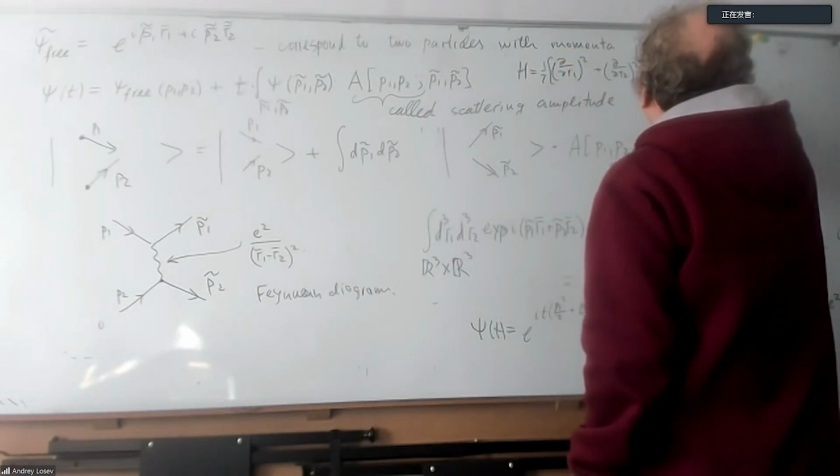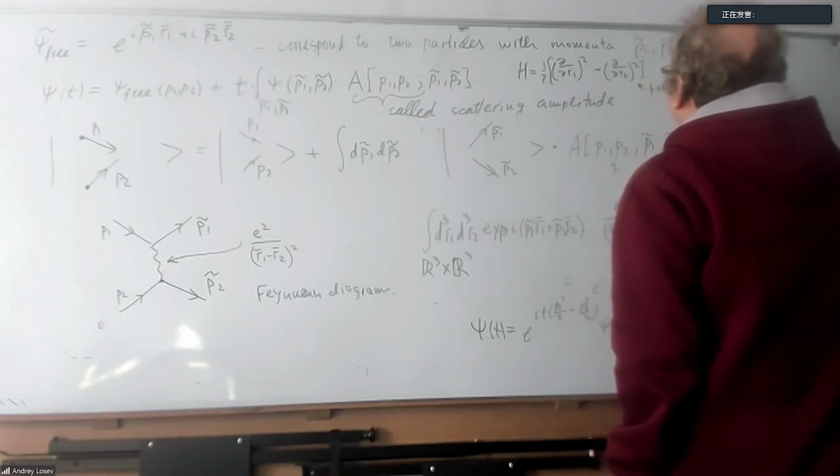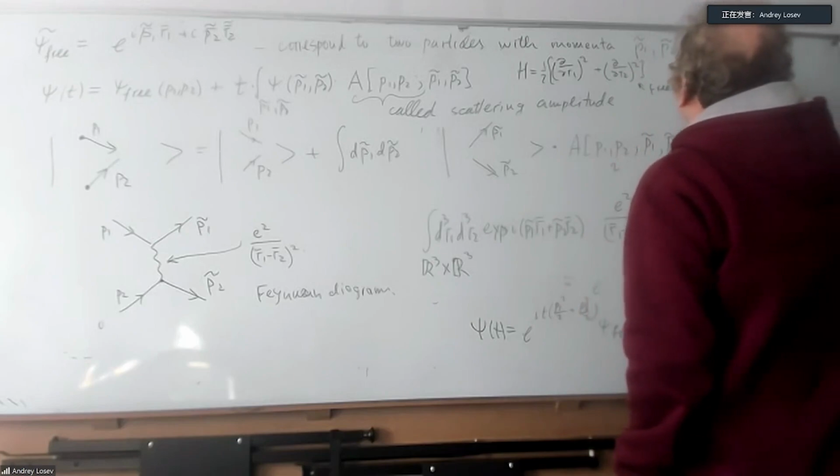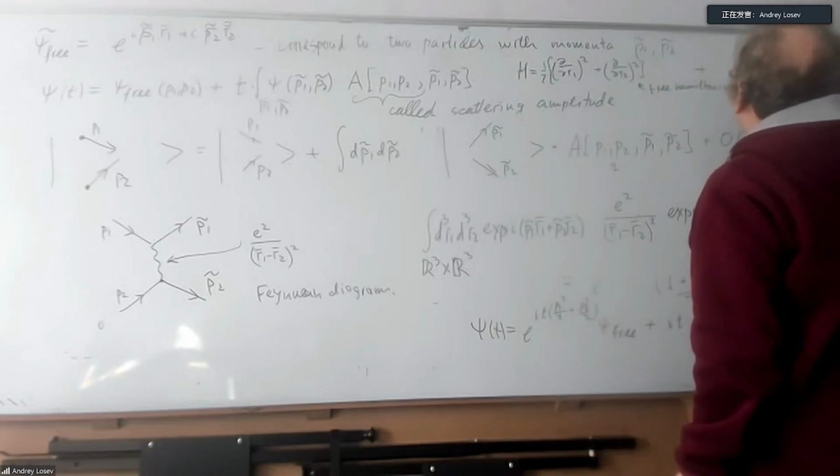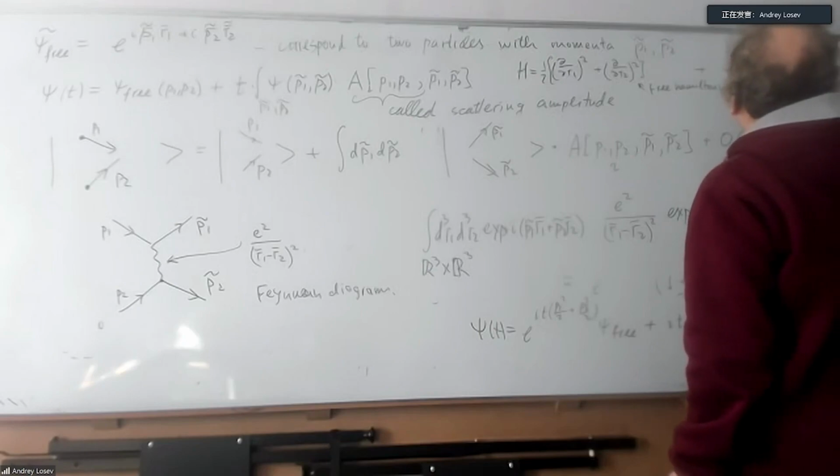It's called free Hamiltonian. And then there was also interesting thing: e squared over |R1 minus R2|, modulo A squared. And this is Hamiltonian of electric interaction.